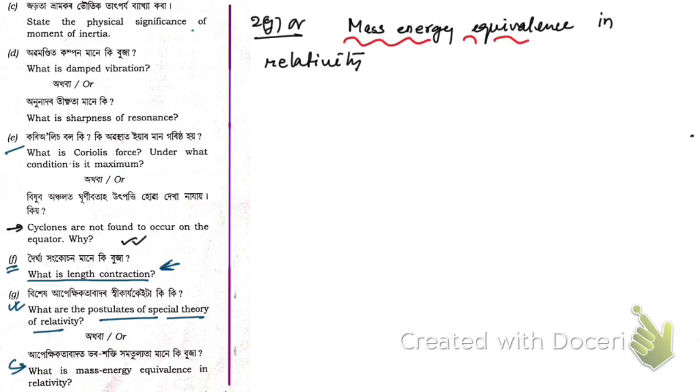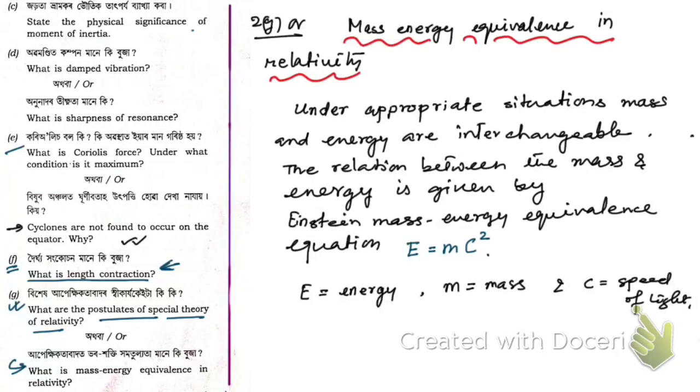So this is the answer to this question, question 2G or this part. What is the mass energy equivalence in relativity, right? So this is the answer to that question.